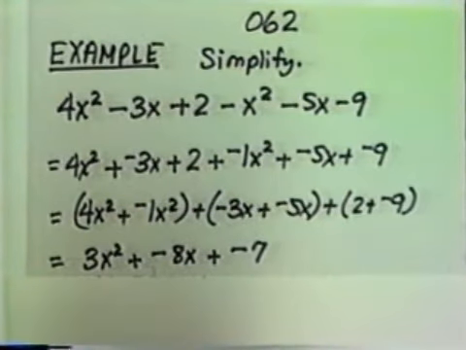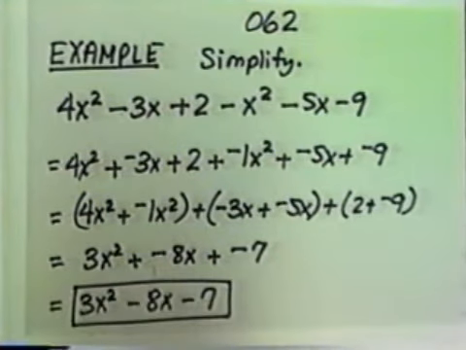This is perfectly correct. However, a mathematician would not leave it this way because there's more writing than necessary. Adding the negative 8x, adding the negative 7 can be written in a simpler form as simply subtract. And so the answer would be left as 3x squared, subtract 8x, subtract 7.